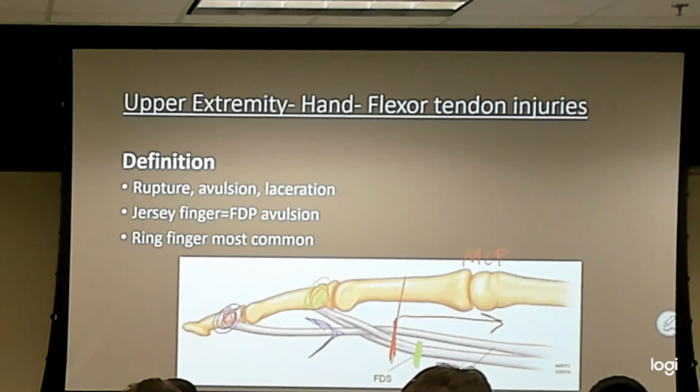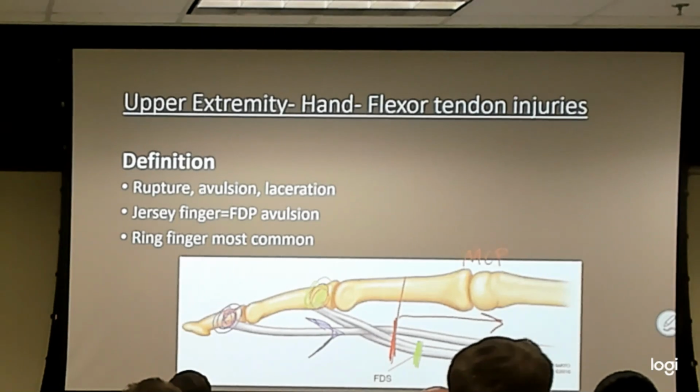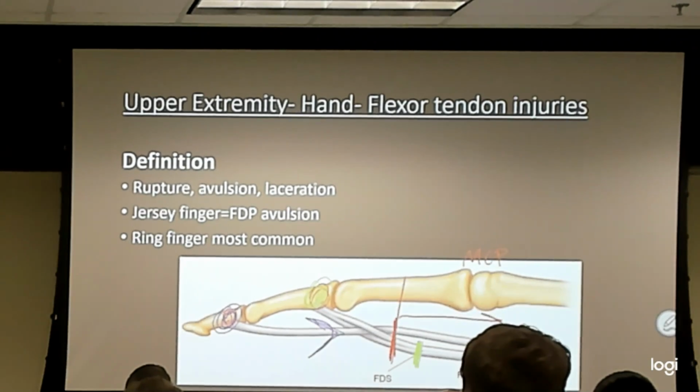Flexor digitorum profundus, meaning deep thoughts. So that's the FDS and FDP. Both of them are flexor digitorum, flexing a digit.